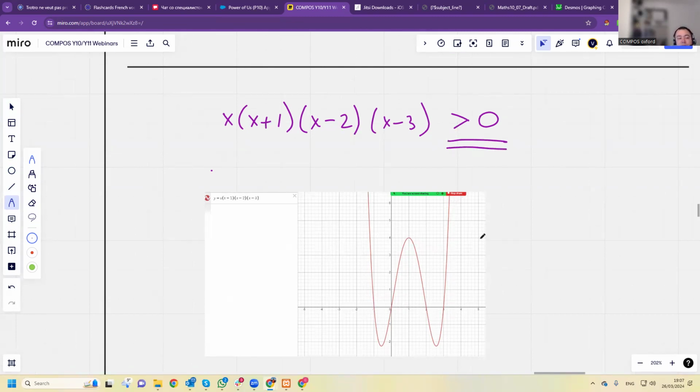So for which values of x is the graph above the x-axis? x is less than -1.